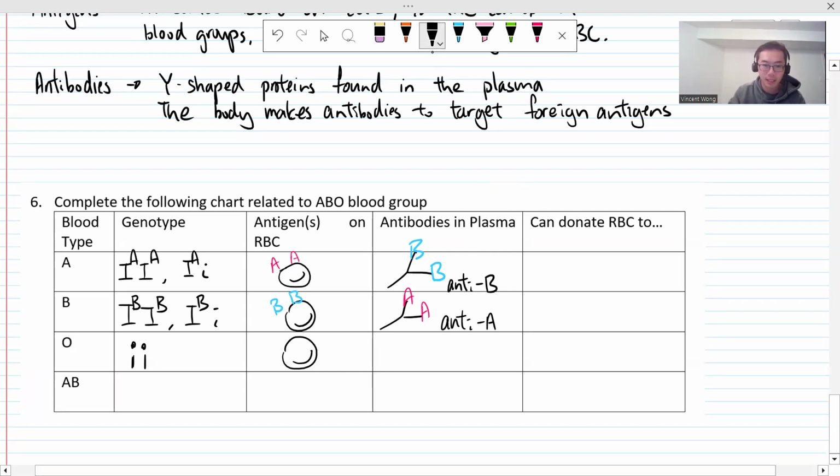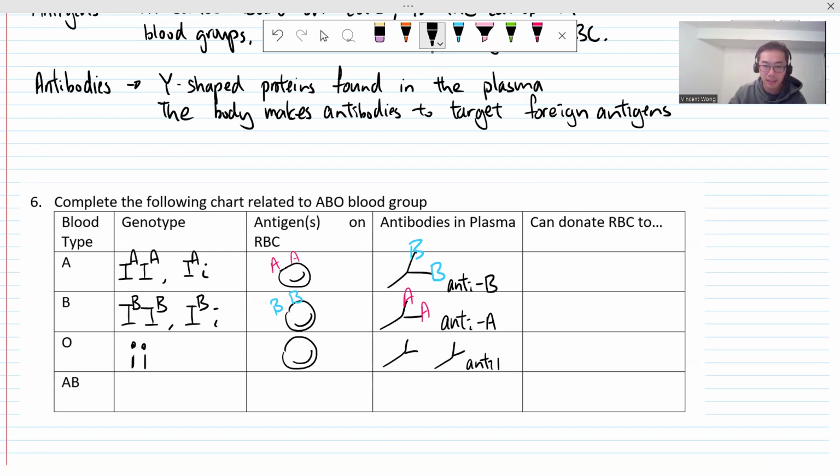A and B. That's right. They have two kinds: anti-A and anti-B. Because they don't have A and they don't have B, they're going to need to attack both A and B. The Y is the antibodies. They are actually Y-shaped.